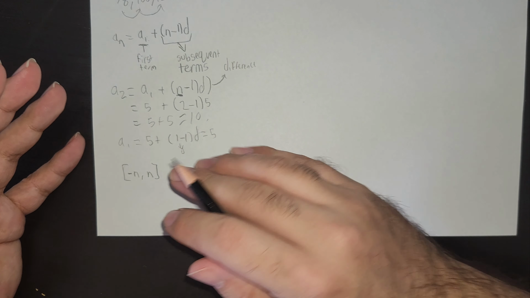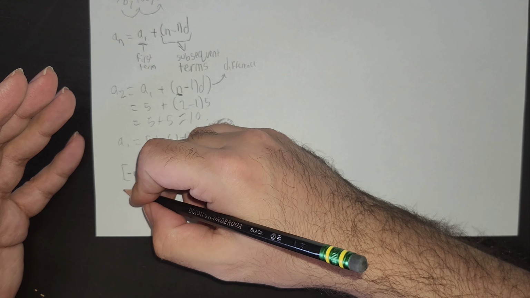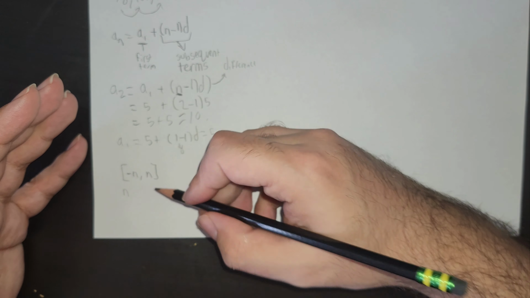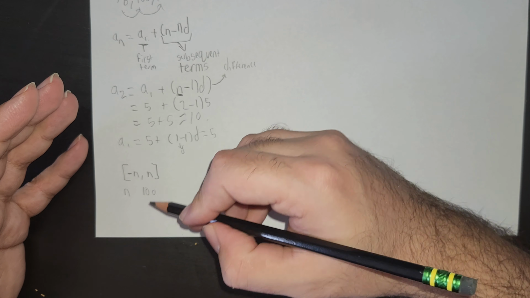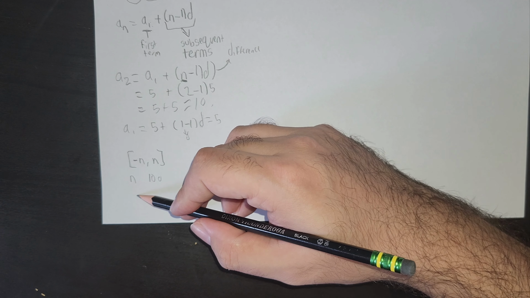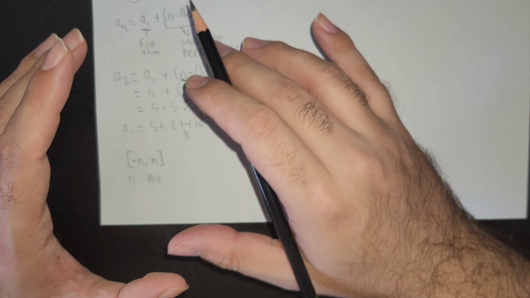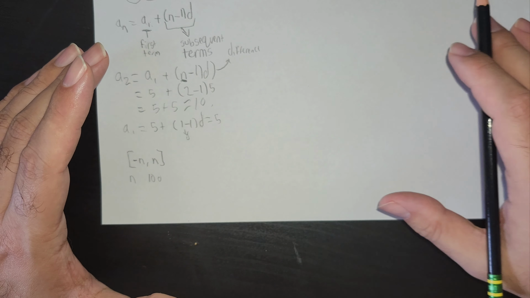So we're going from negative n to n, where n is expected to max out at 100. You would have a set of 100 steps going in either direction, right?